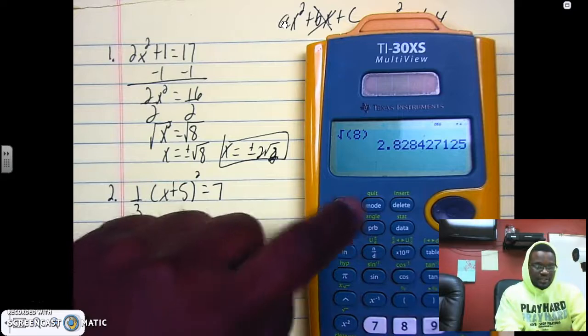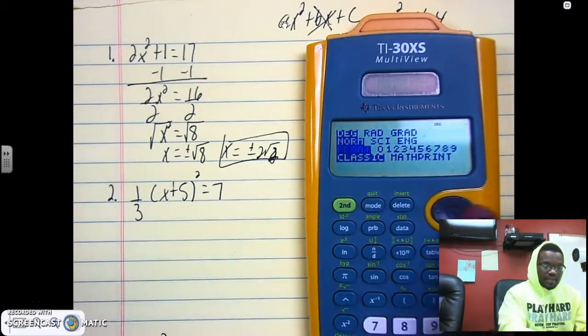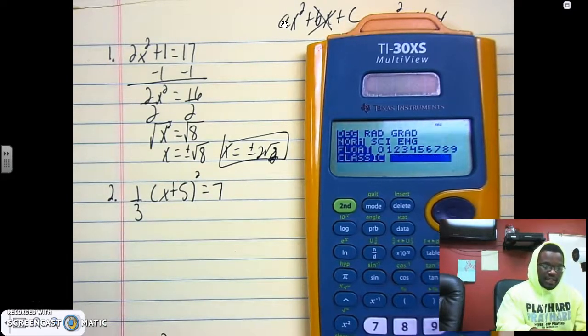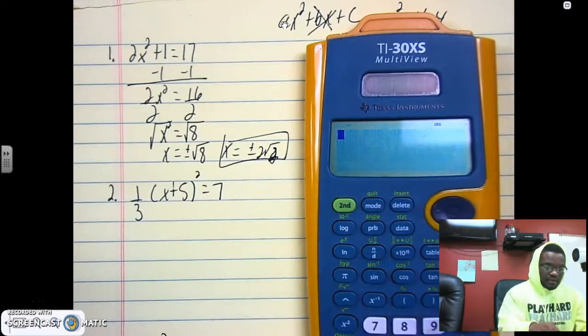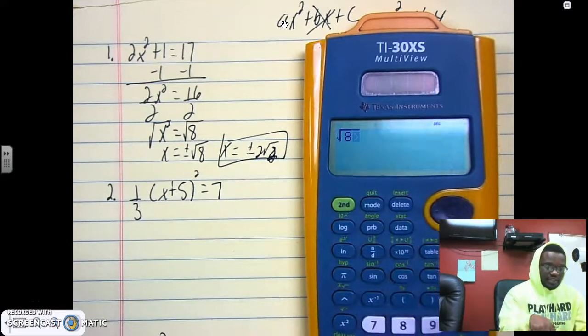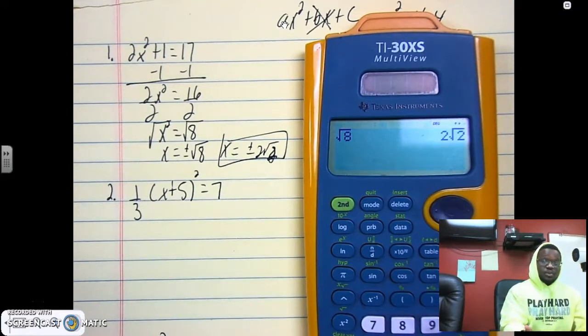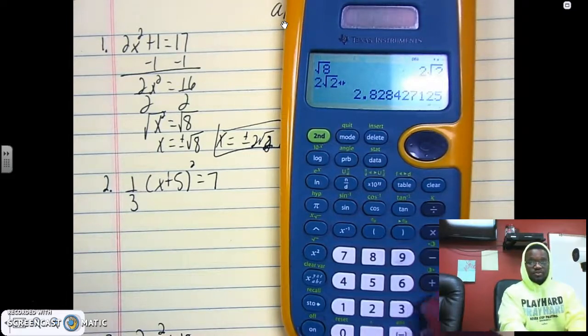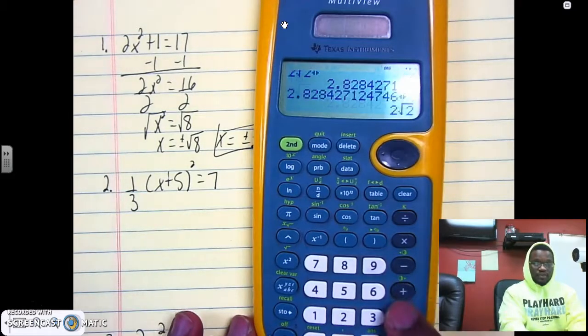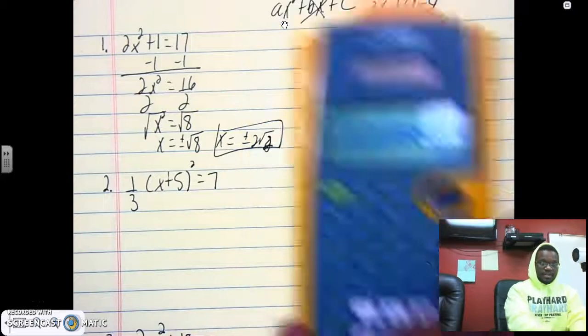The classic gives you the decimal, and whenever you want it to simplify, you go to math print, and then you do it. You see how it doesn't give me the parenthesis there, and I just hit enter? Some numbers are too big, and it'll just give you a decimal anyway. But you can always hit the button on top of enter, and that'll change it to a decimal or back and forth if you wanted to. Alright, just kind of help you.